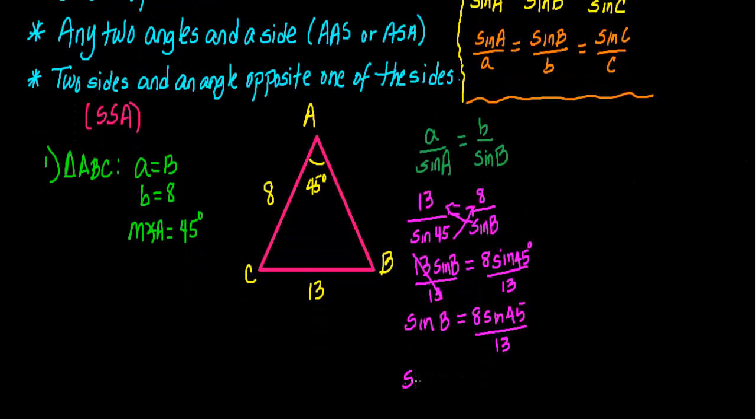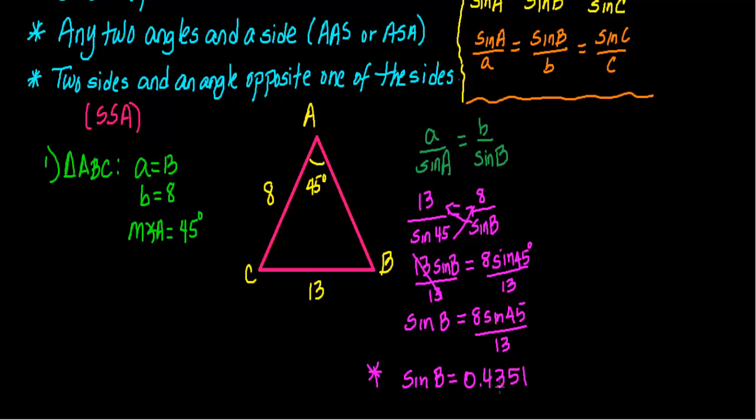Okay? Sine of B is equal to 0.4351. And this is our first stop. This is where I stop and you be careful, okay? Remember in our previous video, the sine of the angle was a value greater than 1, and that told us this triangle doesn't exist.